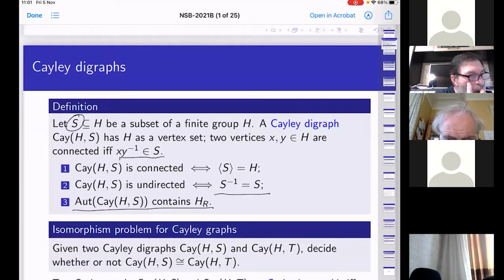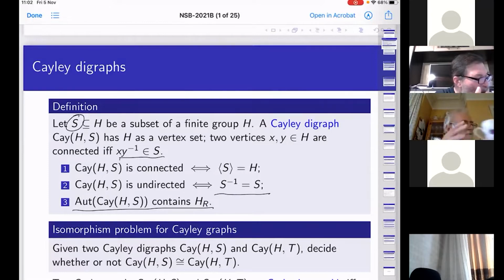So given two Cayley digraphs, I want to decide whether they are isomorphic or not. And this is a particular case of the famous graph isomorphism problem. Although we know that there is great progress towards a solution of the graph isomorphism problem, we still don't know whether the general graph isomorphism problem has a polynomial solution.